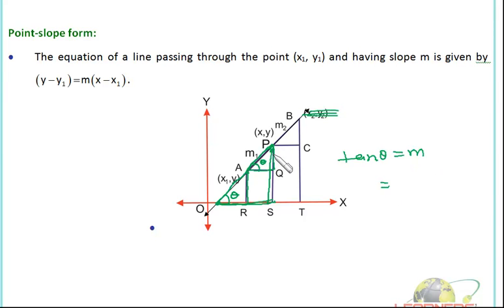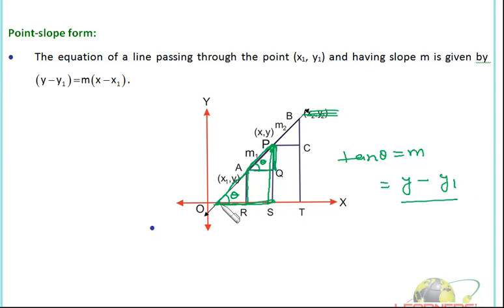is equal to perpendicular by base. Now what is perpendicular? The total height of the line is y, minus this length, right? So we'll be getting this length. Okay, so total length is y, from that we deduct this length, that is actually y1.